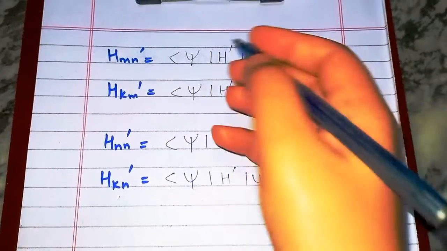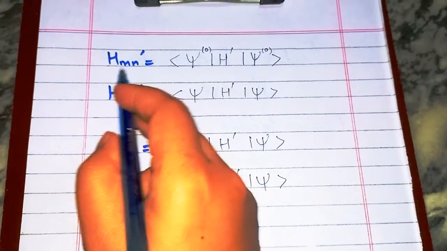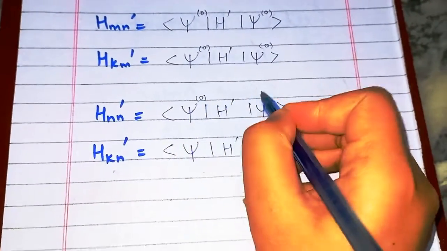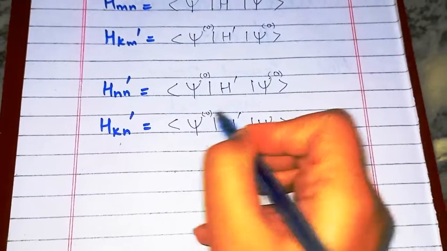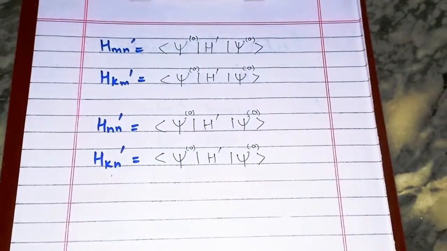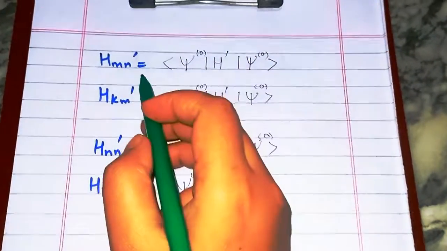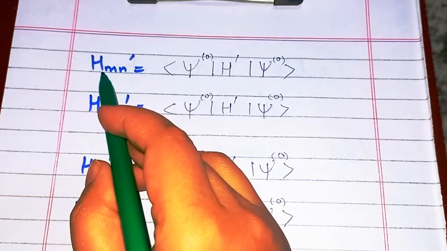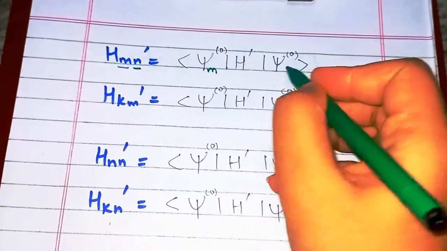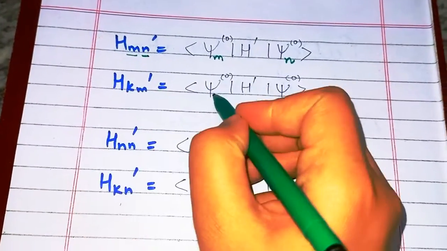There is another thing that is common. They're all zeroth order wave functions. You can only write this symbolic term for zeroth order wave functions, not for the first order, second order, and so on. That is another thing that is common among all of these expressions. Now you first write m as the state of the first wave function and n as the state of the second wave function, depending upon the order they are written in.